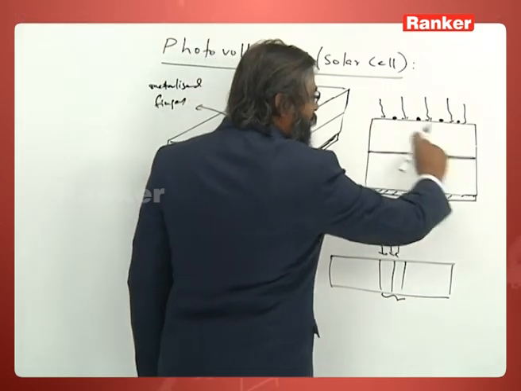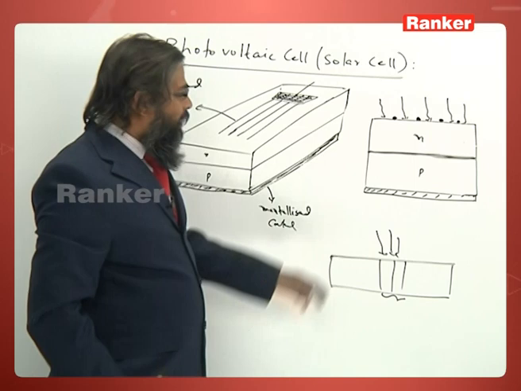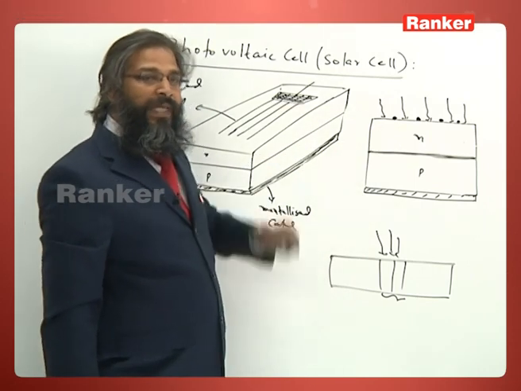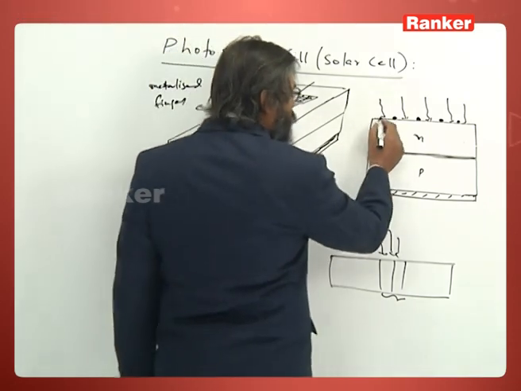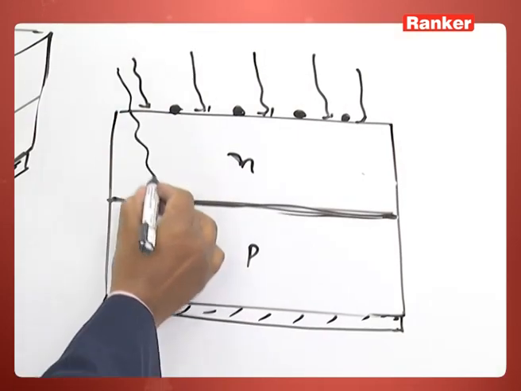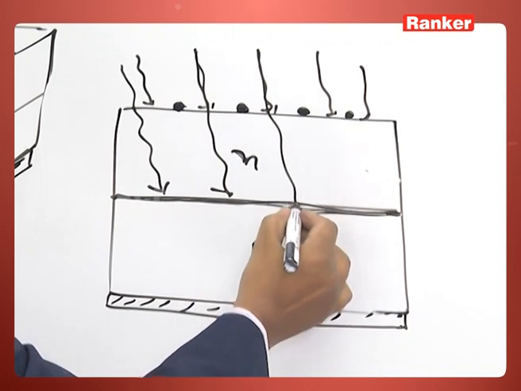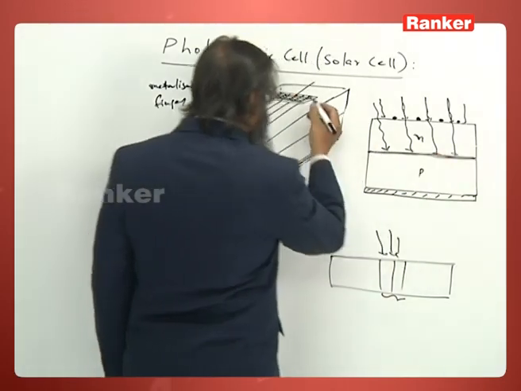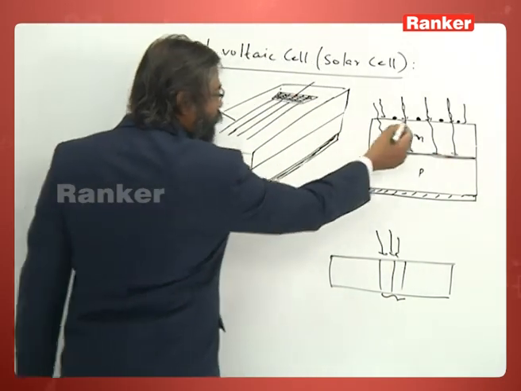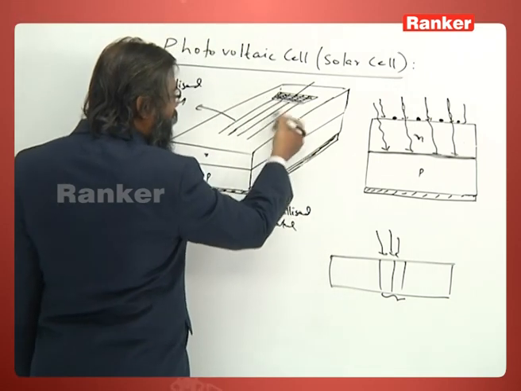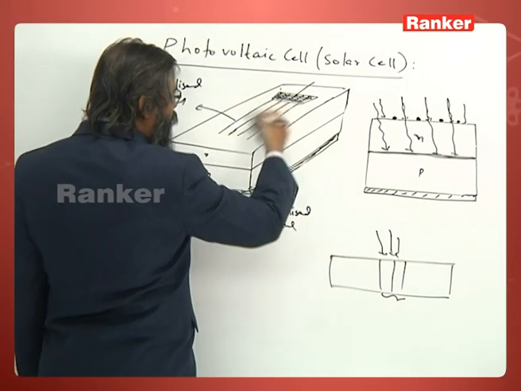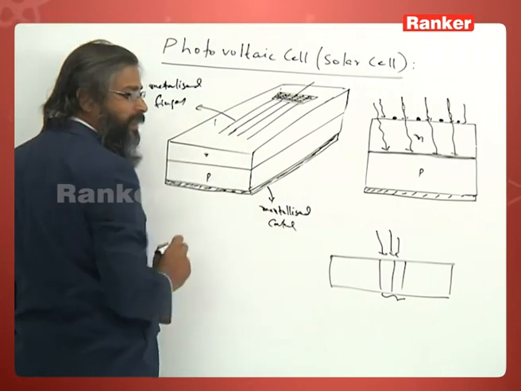Now, there is a limitation for us. This top layer must be transparent, so light falling through here must reach the junction region. That is why, to connect to the inside, we have kept fingers and not a fully metallized surface, otherwise light won't reach the junction.